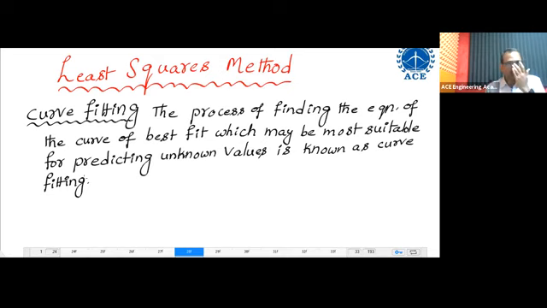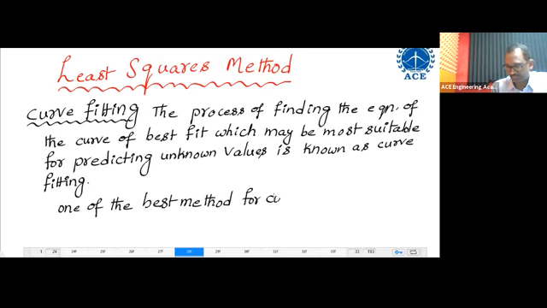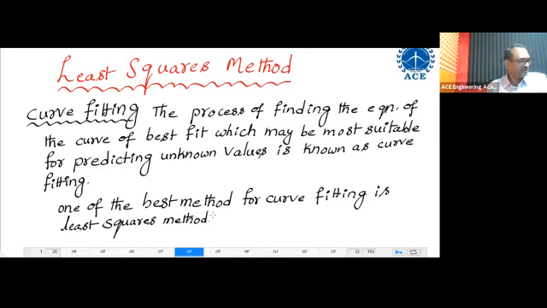So one of the best methods for curve fitting is least squares method.